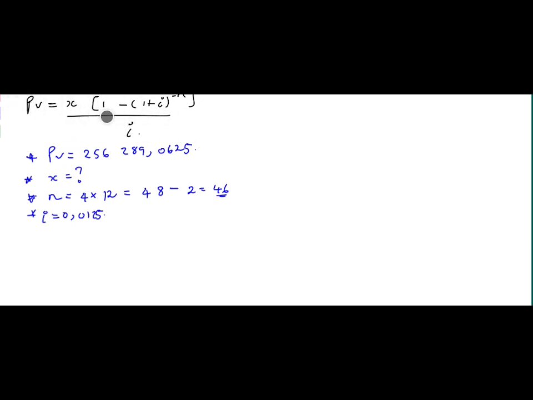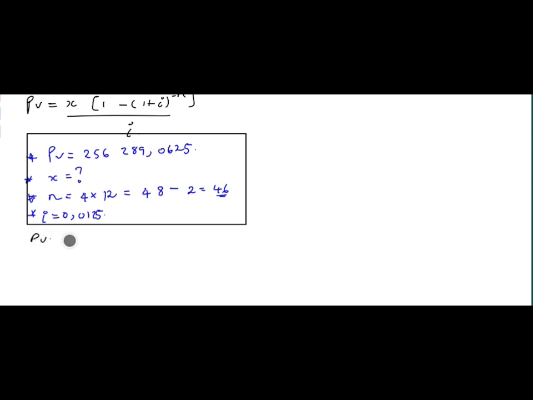But I prefer having it as subject of the formula. So I'll have PV multiplied by I equals X into 1 minus 1 plus I power minus n. Divide both sides by that, making X subject of the formula.